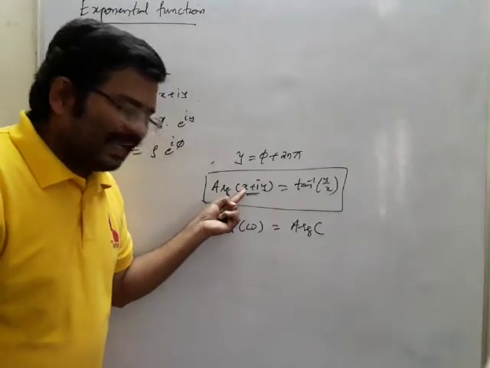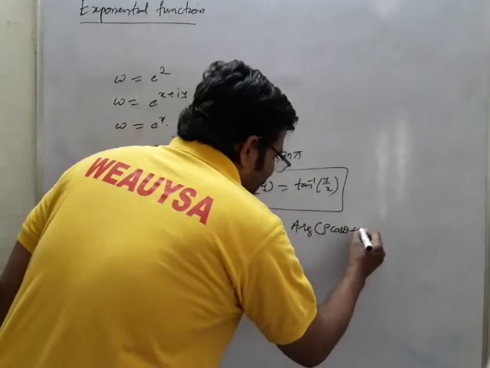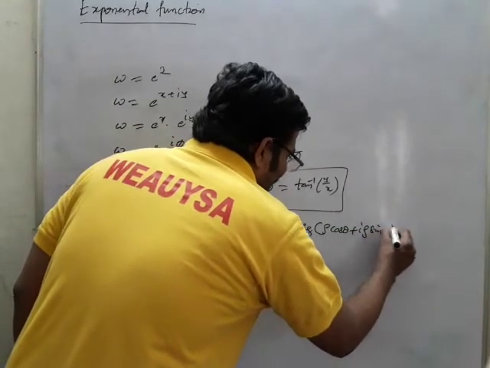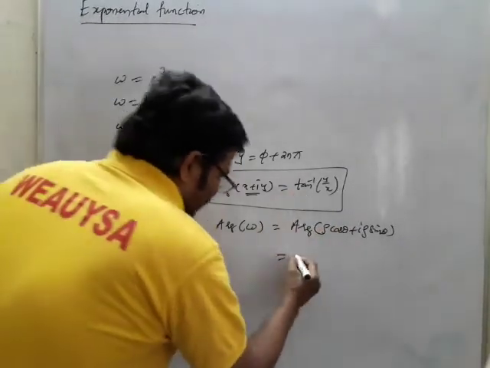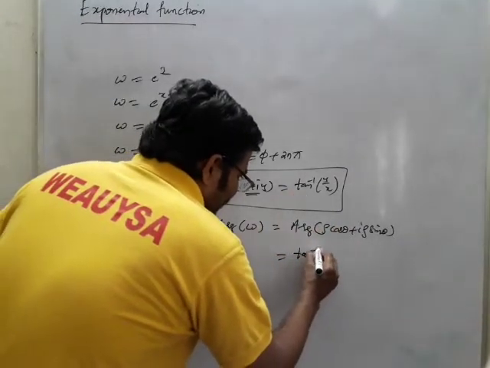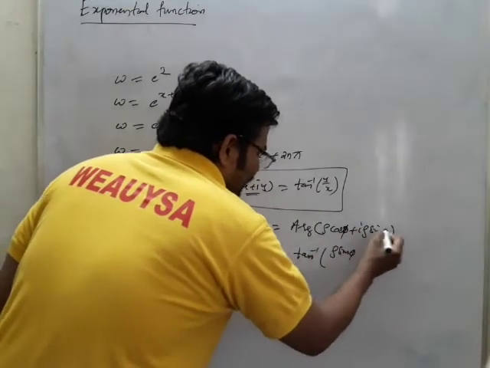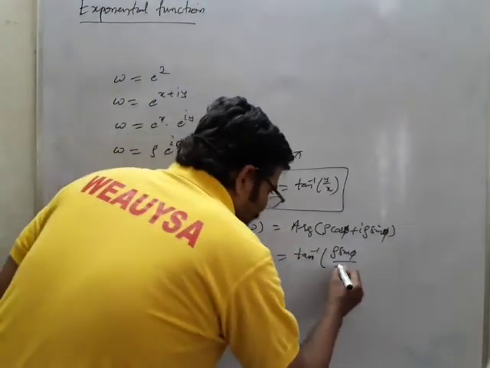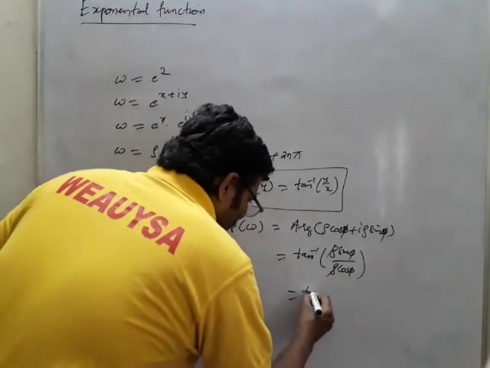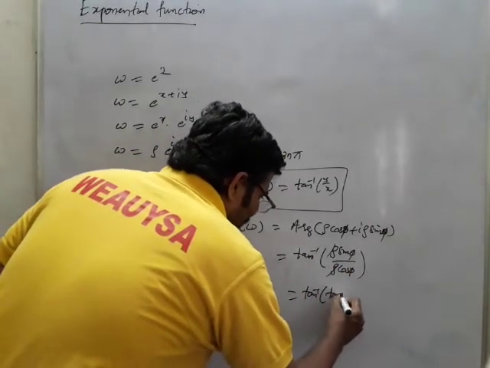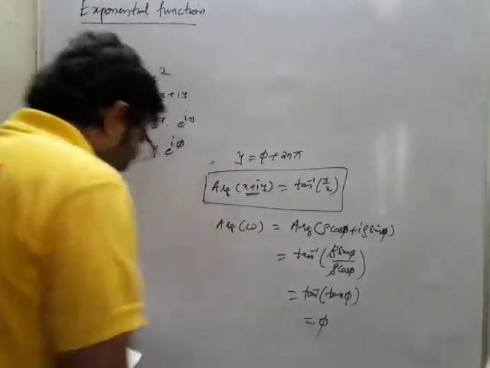Here I'm writing x + iy as ρ cos θ + iρ sin θ. So now I should find tan⁻¹(y/x), which is ρ sin φ by ρ cos φ. So ρ gets cancelled, you get tan⁻¹(tan φ), which is φ. So the argument of w is nothing but φ.